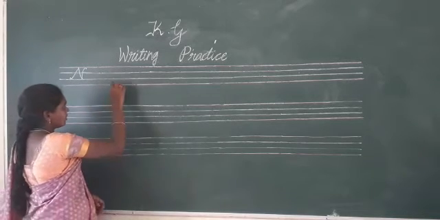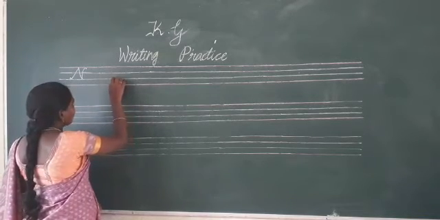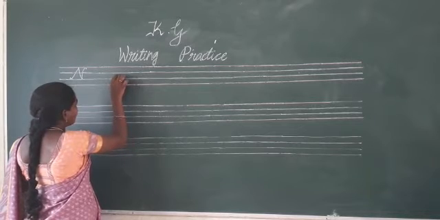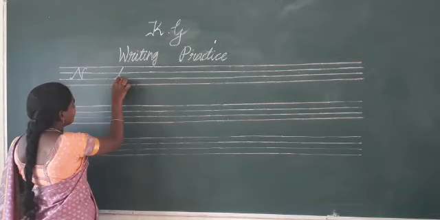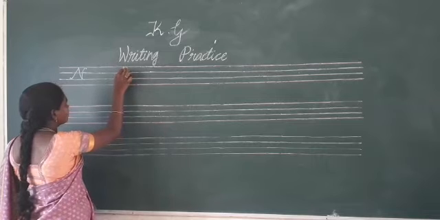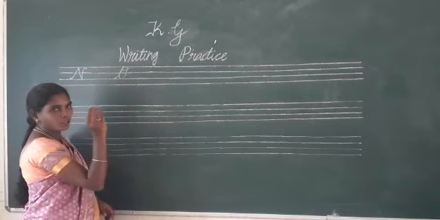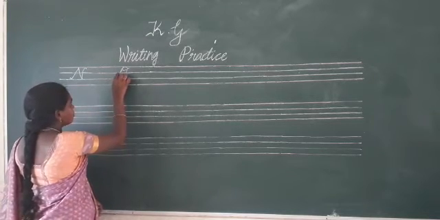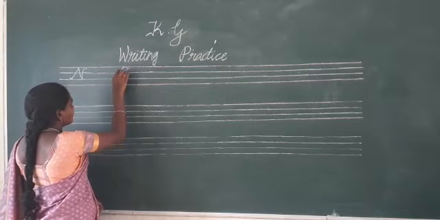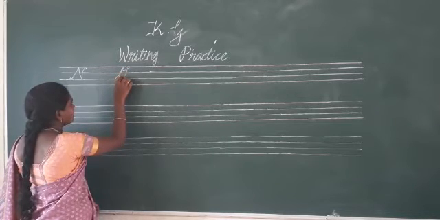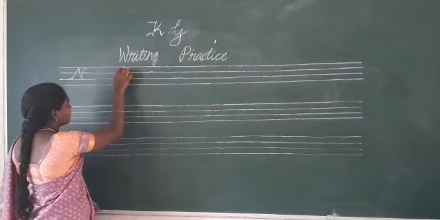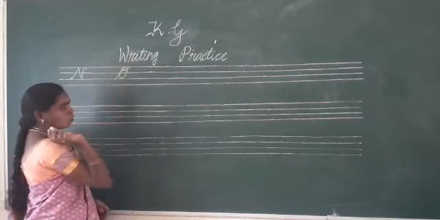Then next after N, O. How to write? Yes, this is letter O. I have to draw just a small slanting and draw like this and a small loop.